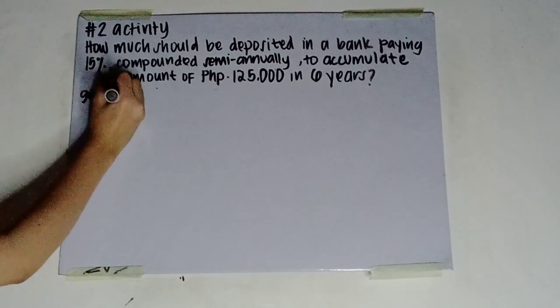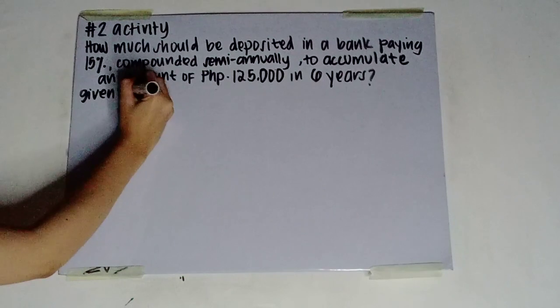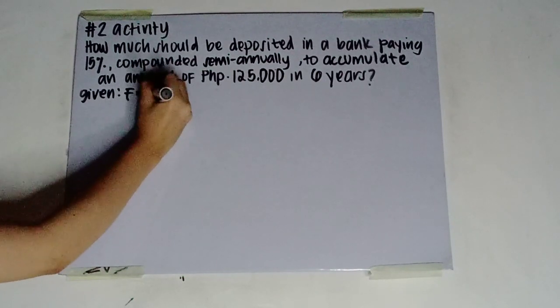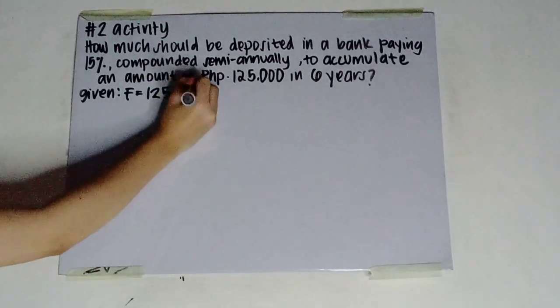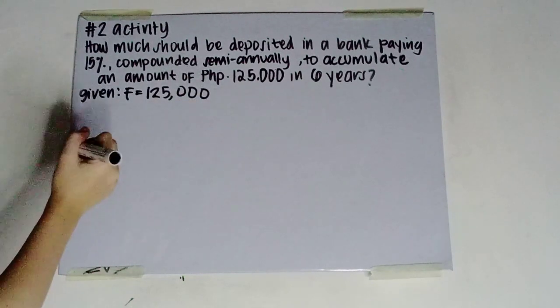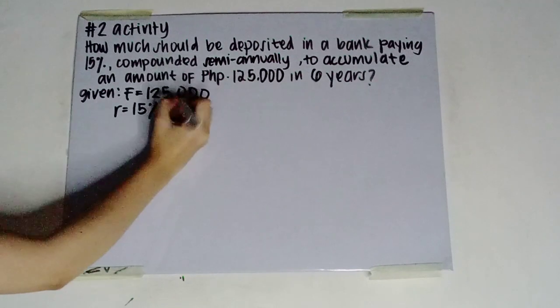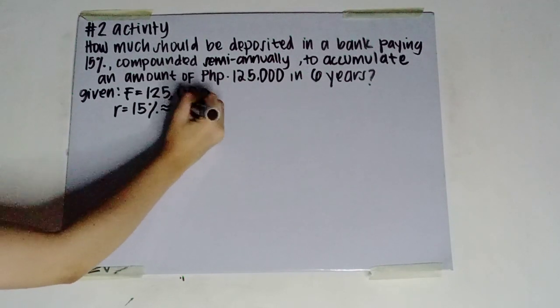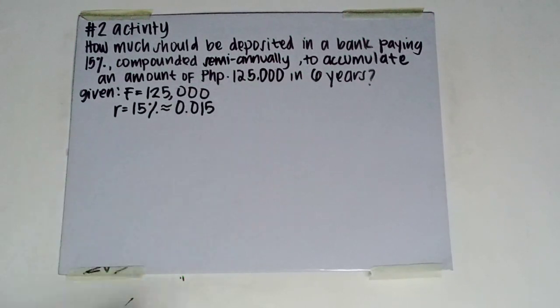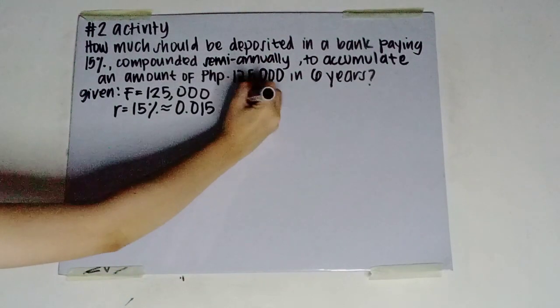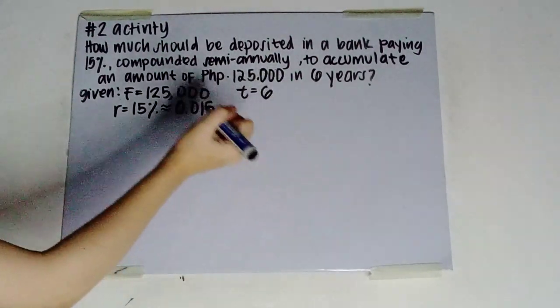Okay, write the given. F is equal to 125,000 pesos. Rate is 15%, converted into decimal, 0.015. Time is 6 years.